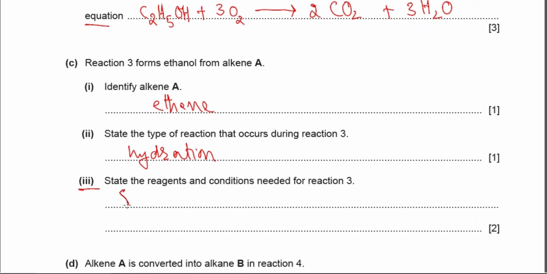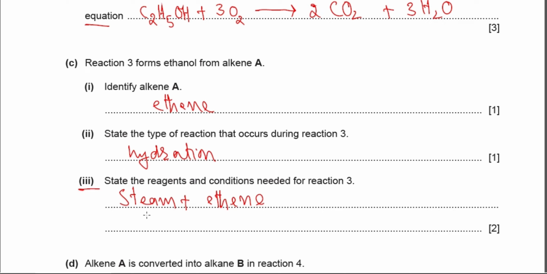As I said, we need to state the reagents, so we can say steam plus ethene, or even you can say ethene plus steam. Instead of steam you can write water as well.